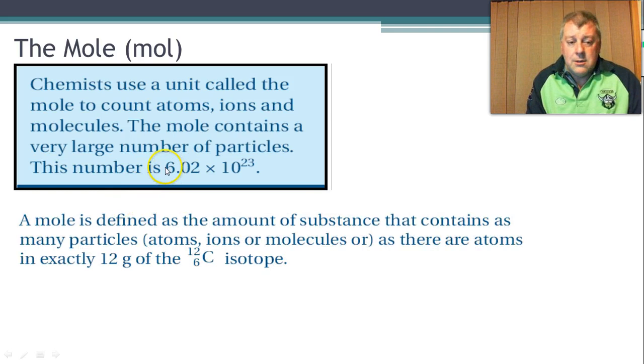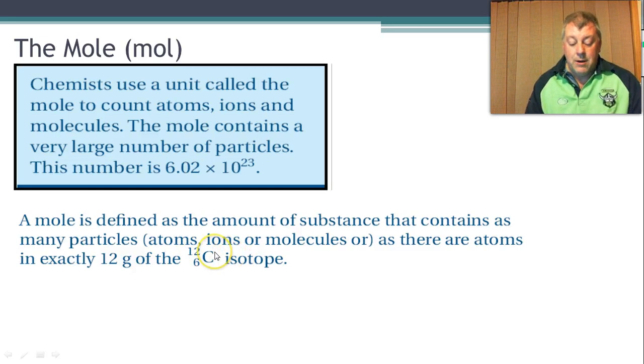So how is this number defined? Well, it was defined as the amount of a substance that contains as many particles, be they atoms, ions or molecules or anything else, as there are atoms in exactly 12 grams of pure carbon-12 isotope.